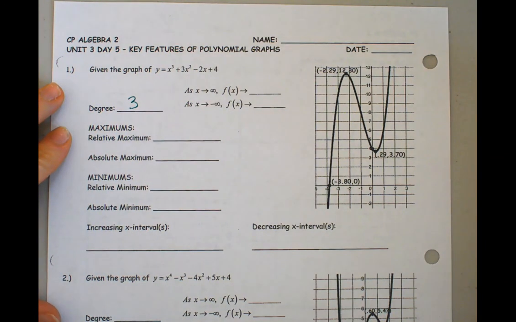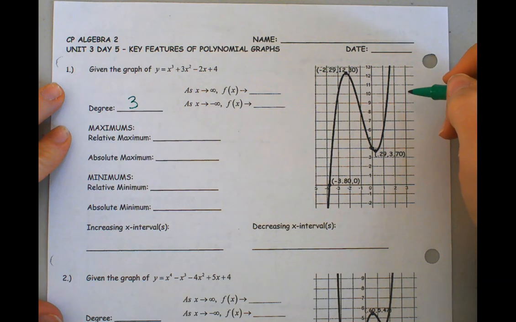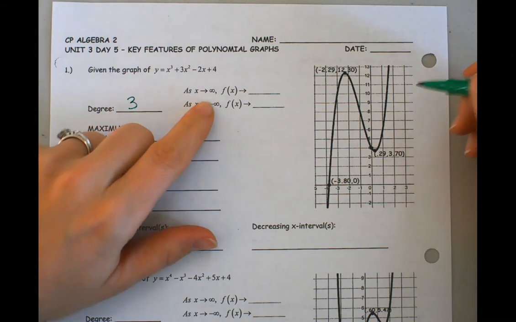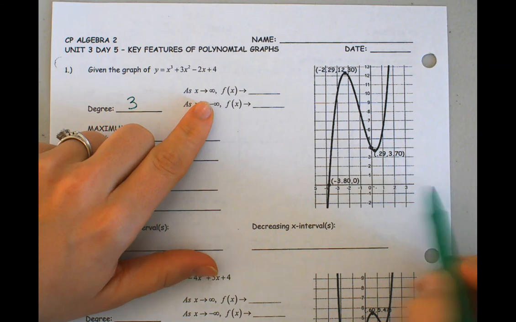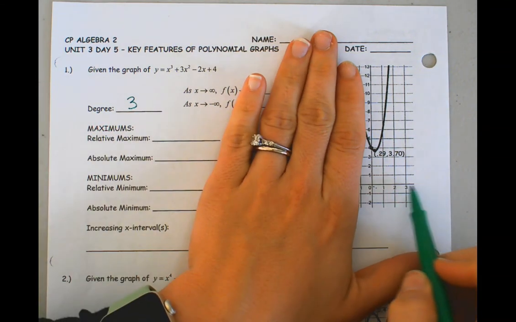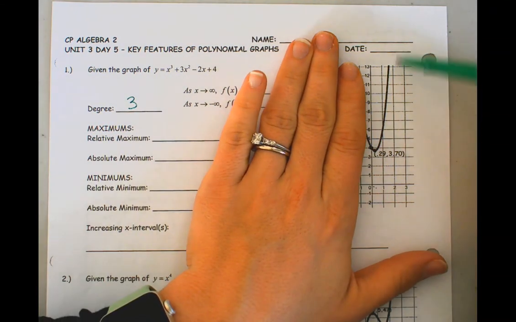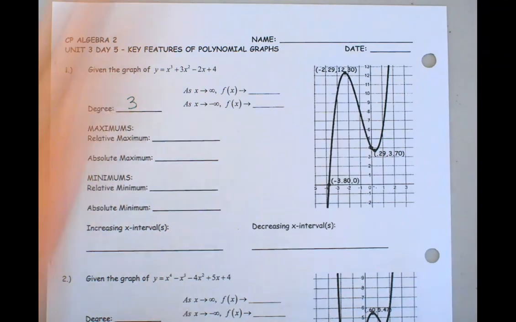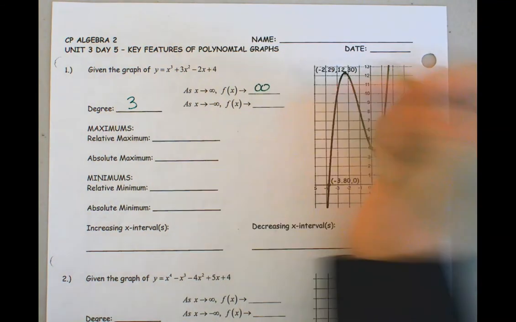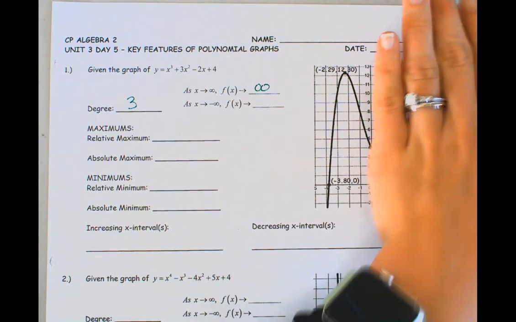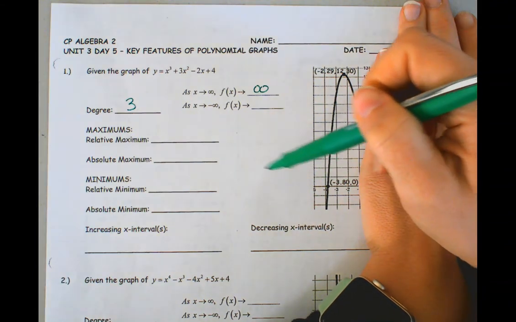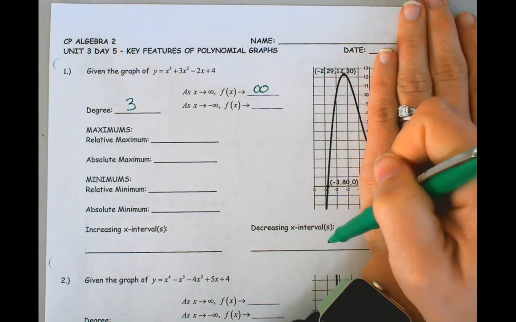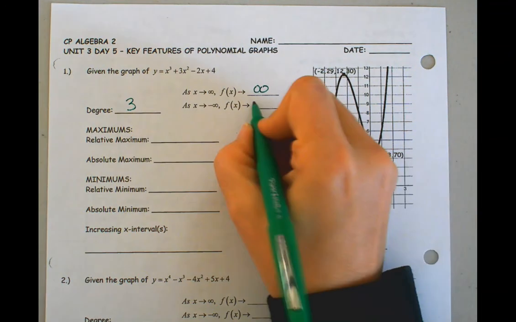And so then by looking at the picture, we can determine our end behavior. So as x goes to infinity, as you look at the positive x values on your graph, so as you go this way, your graph will be working its way up, continue to work its way up towards positive infinity. And then as I look at the negative end of my graph, so as my x's go towards the negative values, my graph is going down, so my end behavior would be negative infinity.